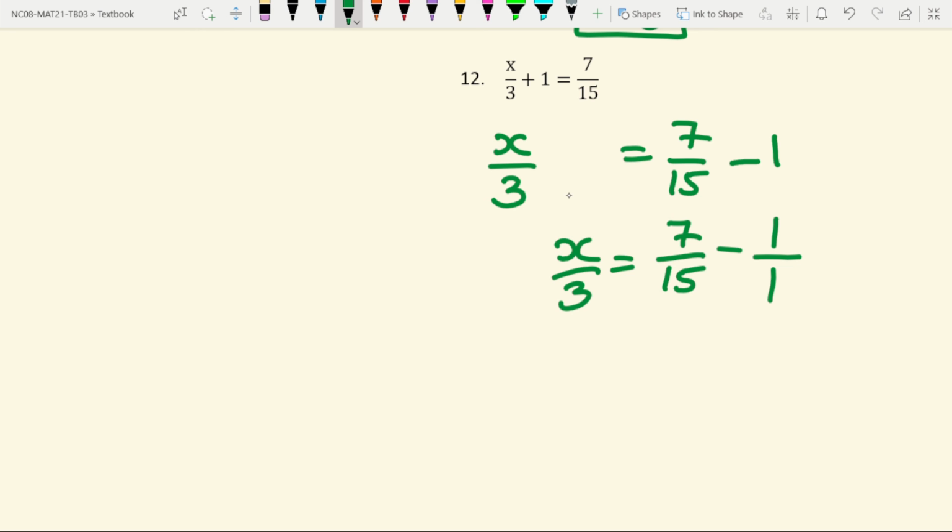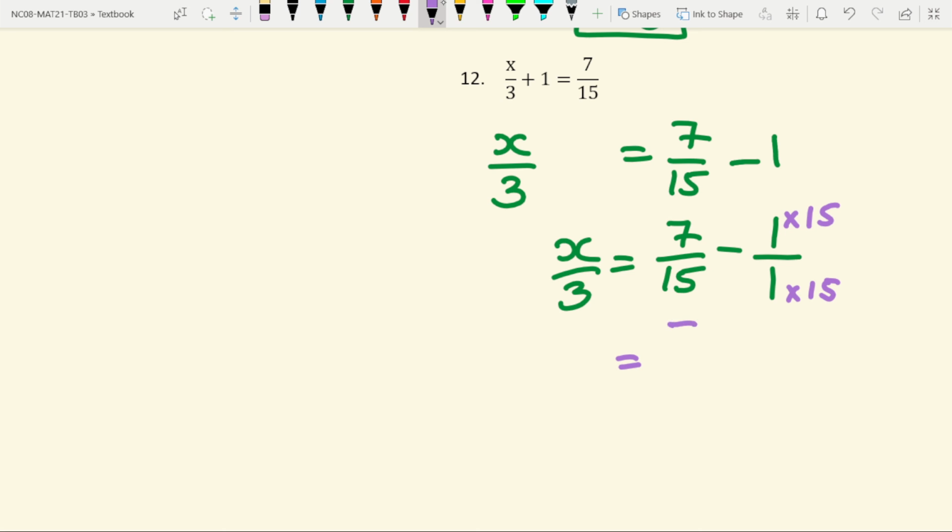So in order to equate these denominators, we have to multiply 1 by 15. Let me write it with a different color. 1 divided by 1. In order to equate the denominators, we have to multiply 1 with 15, and because we are multiplying the denominator with 15, we have to multiply the numerator also with 15.